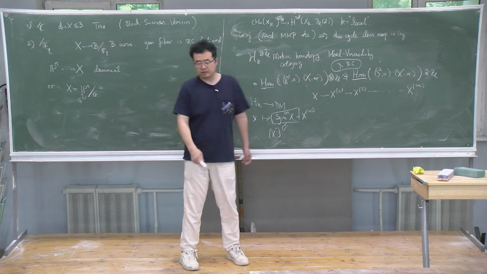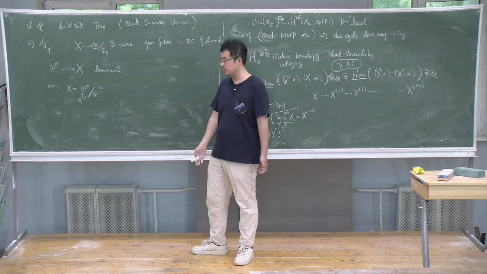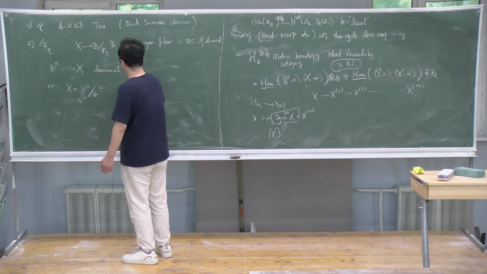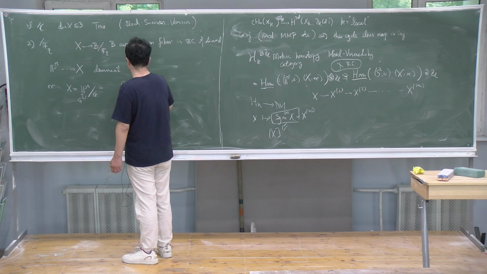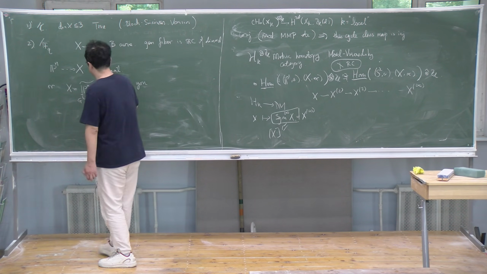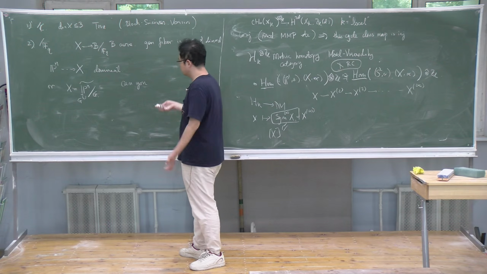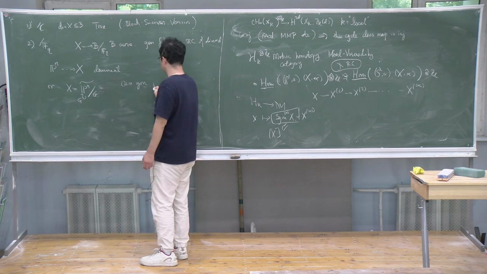It's unirational, or maybe just a quotient by some group. Can you maybe take a resolution, because we're working with smooth varieties? Can you prove this?